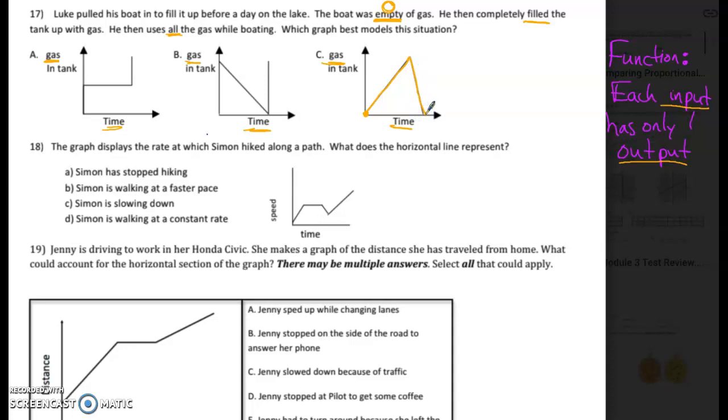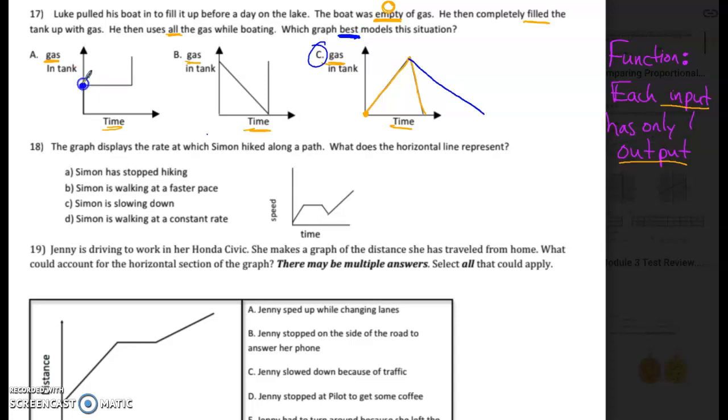Now, if I'm being really critical about this graph, I think this line should probably be more spread out a little bit, because I don't think that he would have used the gas faster than he could fill it up. But C is the best model. Right here in number 17, it says best. And we can look at A and B to compare those. A, he's not starting at 0.